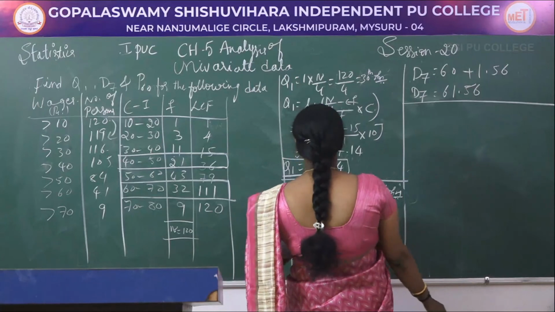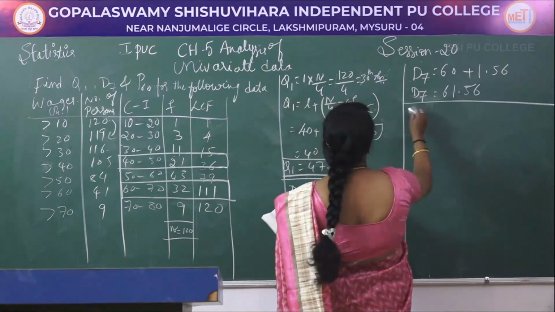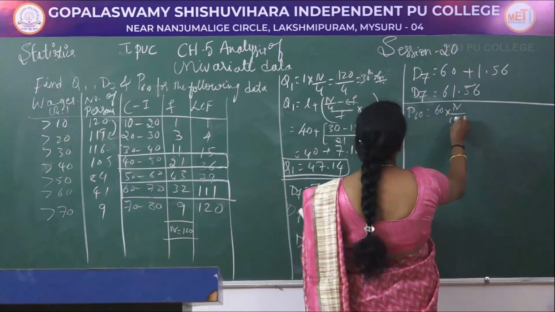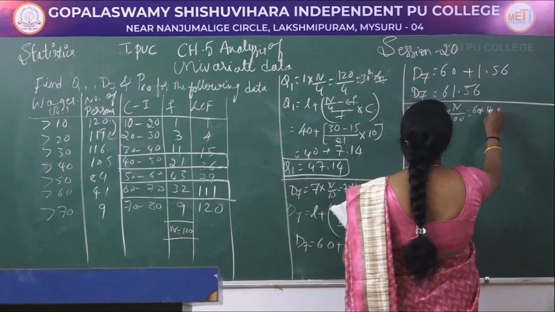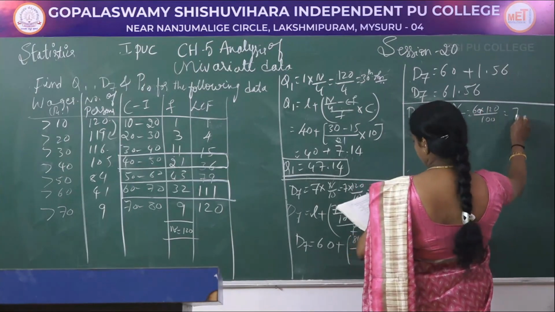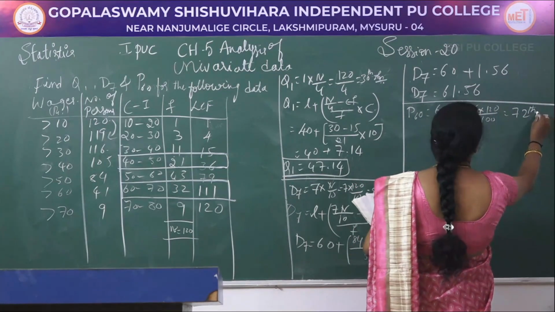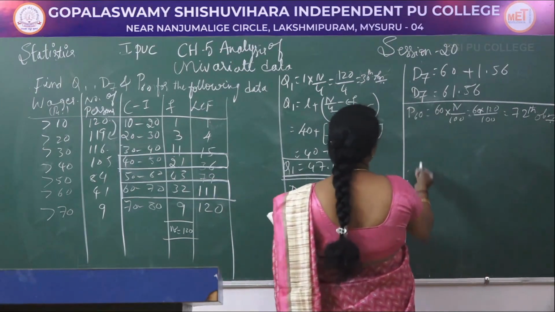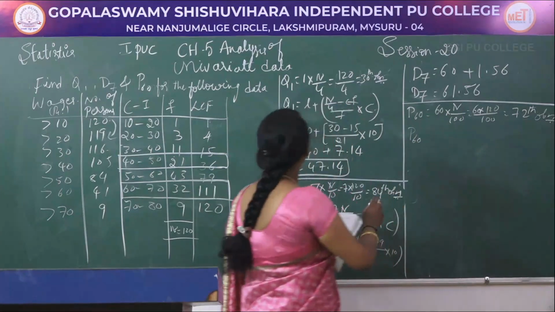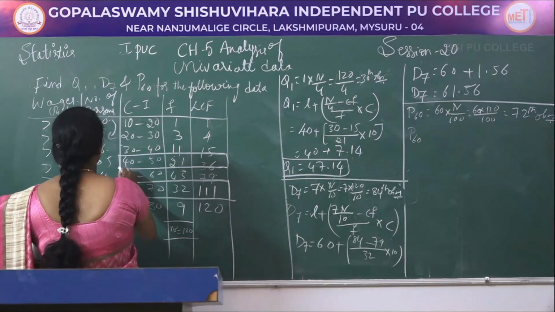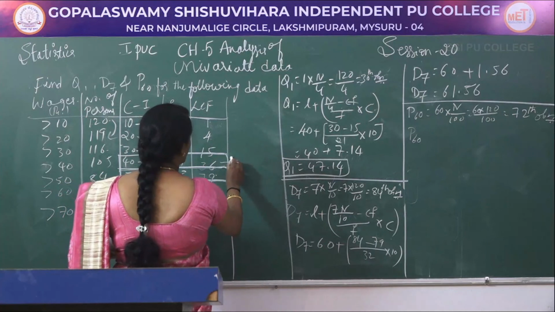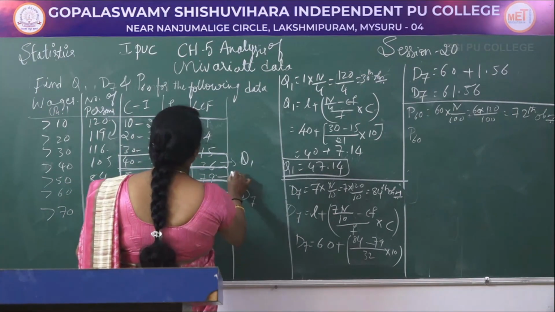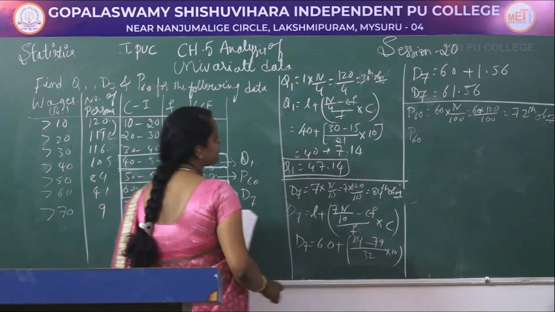After this, we have to find P60. P60 is equal to 60 into n by 100, which is 60 into 120 divided by 100. This is the 72nd observation, and 72 comes in 79, so we take this interval. This is for Q1, this is for D7, and this is for P60.